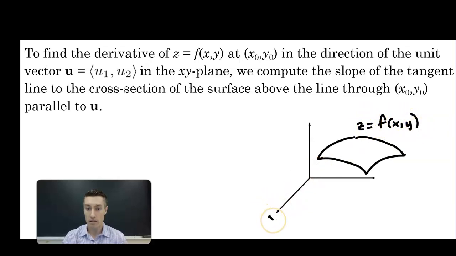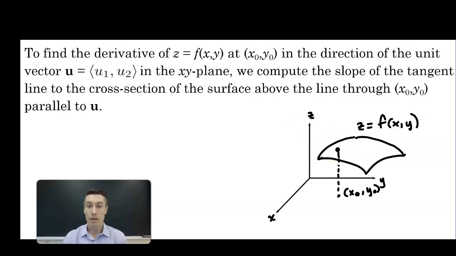And we have our x, our y, and our z axes. So there's a point that we're trying to compute the derivative at. So let's say it's the point right there, and we'll label that as x0, y0. And there'll be a point on the surface, x0, y0, z0, where we have the output.